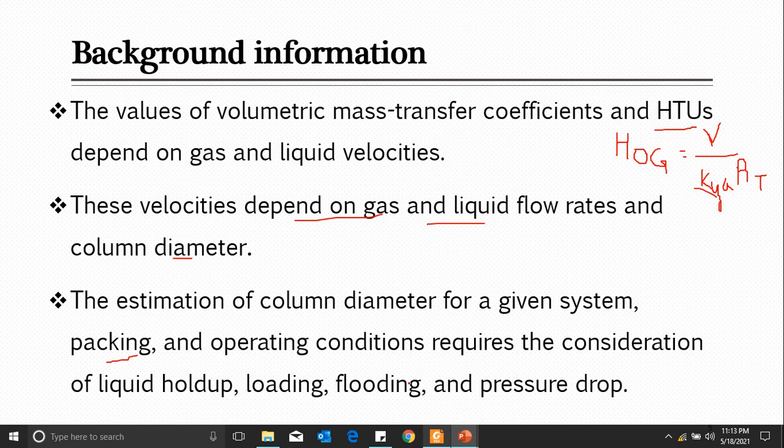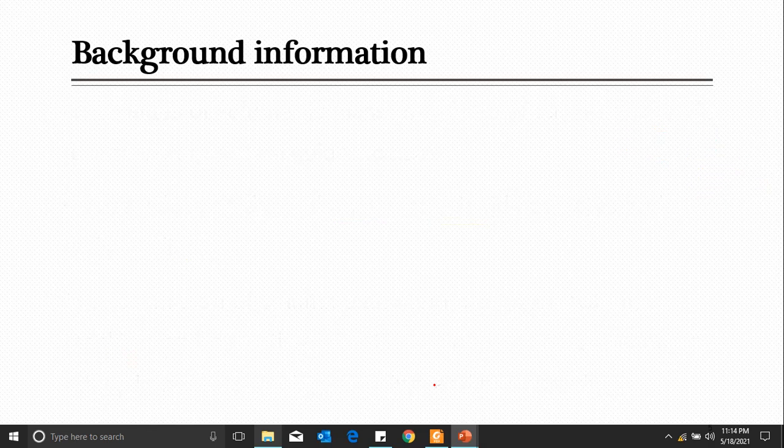Later, when we conclude in the next lecture, hopefully you will see that all these things are interlinked and affect each other. So when you have to design, you have to take care of all these parameters.